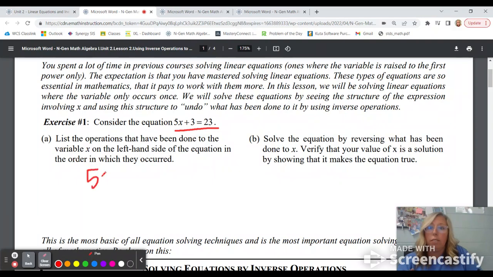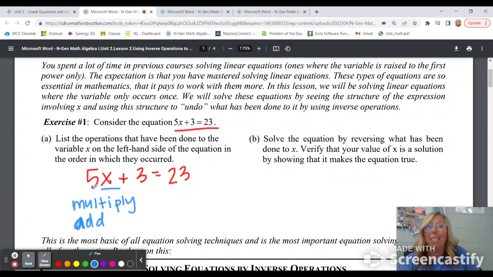If the equation is 5x plus 3 equals 23, and we're trying to get x by itself, well, it's being multiplied by 5, and it's having a 3 added to it. Those are the operations being done to the letter x.